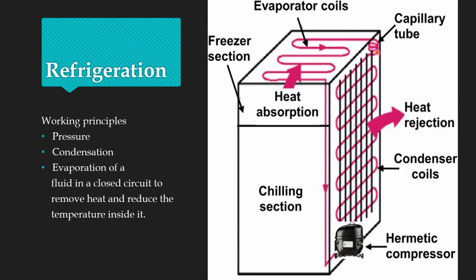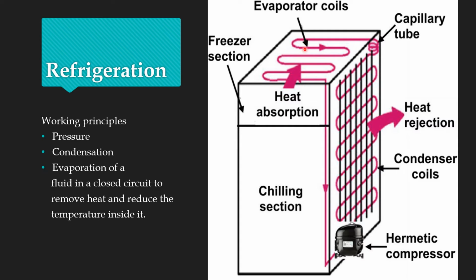Then the gas is passed through a capillary tube or expansion valve. It has a small hole, and the Joule-Thomson effect is applied. Then the gas expands, becomes liquid, and the temperature is also reduced. Here are the evaporator coils, where the freezer compartment is at the first place, so it has a lower temperature.